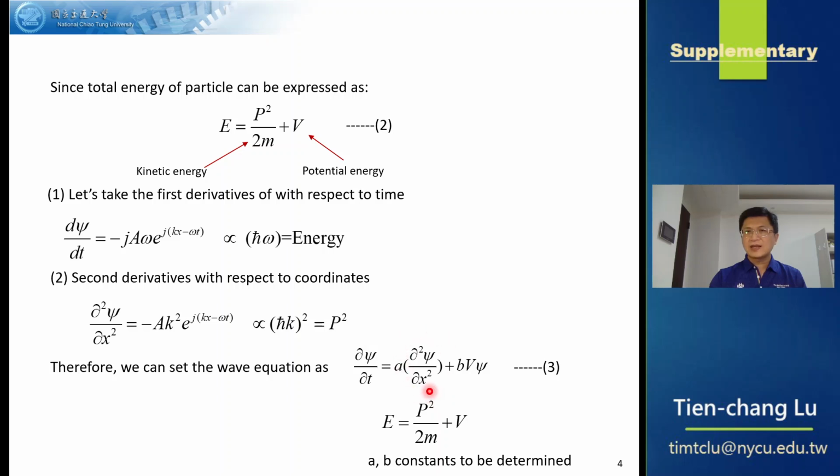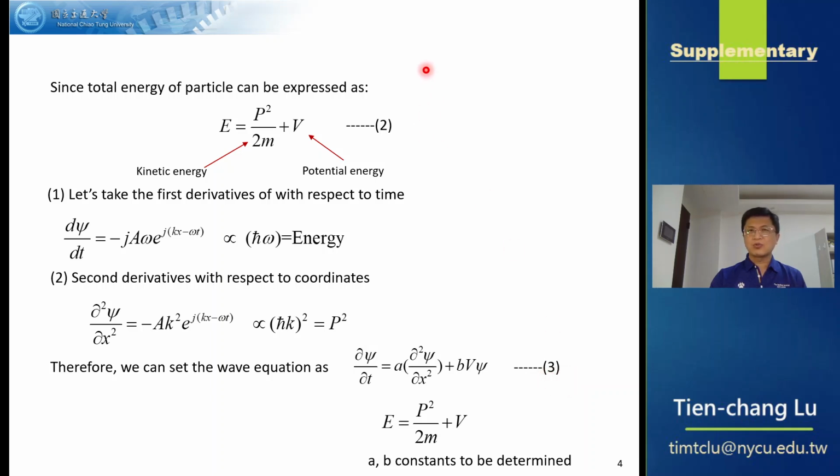Kinetic energy actually equals the square of the momentum divided by 2m. The square of the momentum is proportional to the second derivative of the wave function with respect to coordinates. Therefore, we assign a constant in front of this second derivative, plus V, which represents the potential energy, times phi.